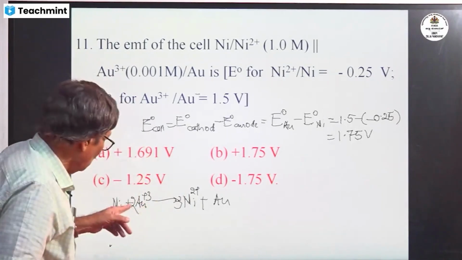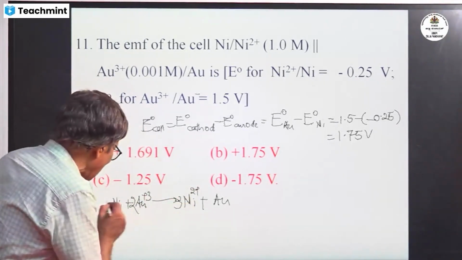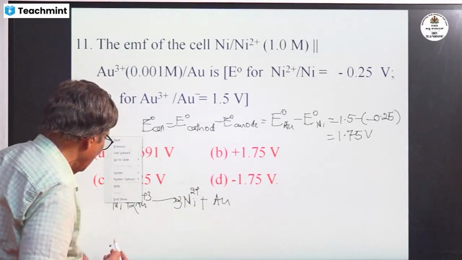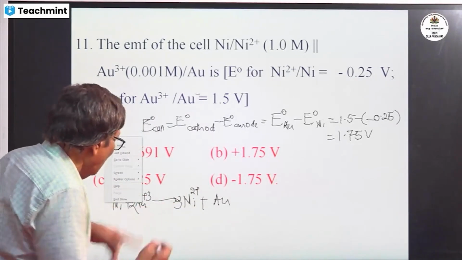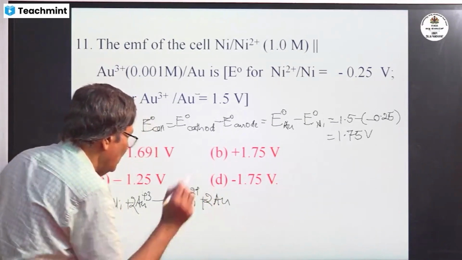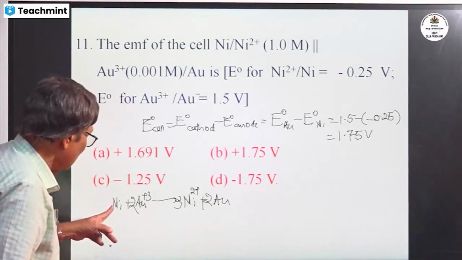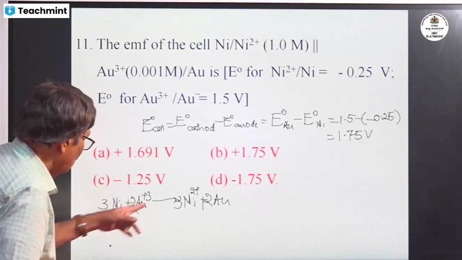So 2 into 3 is 6, 3 into 2 is 6. Now, 3 Ni, obviously, and 2 Au, obviously.